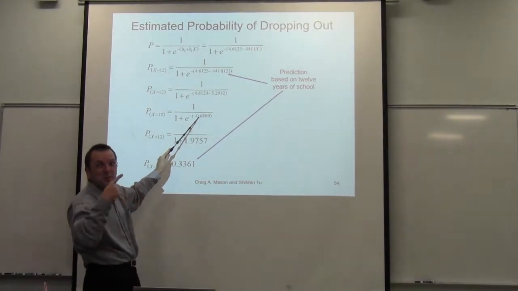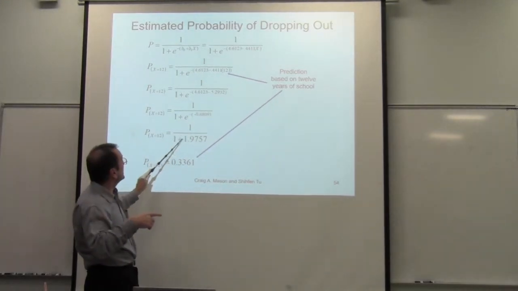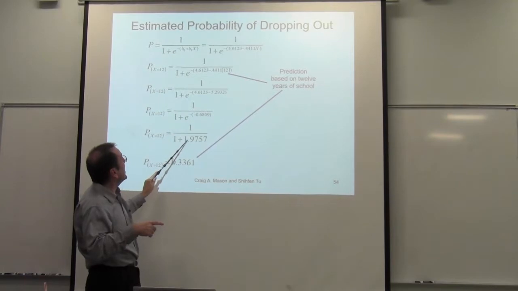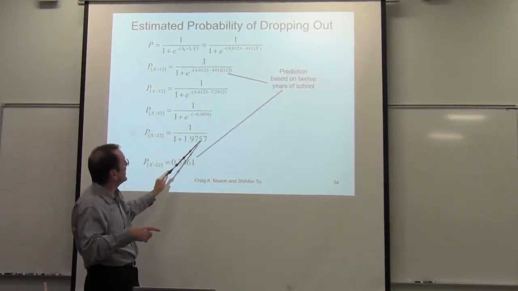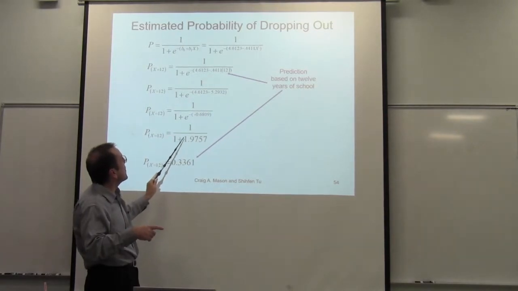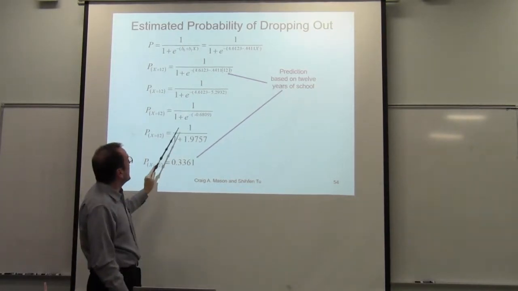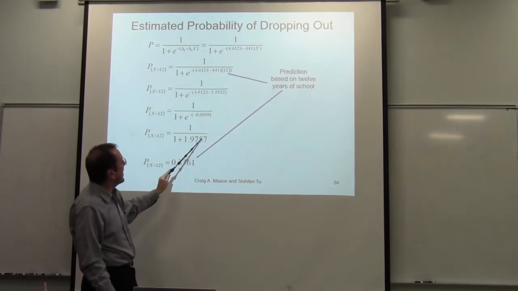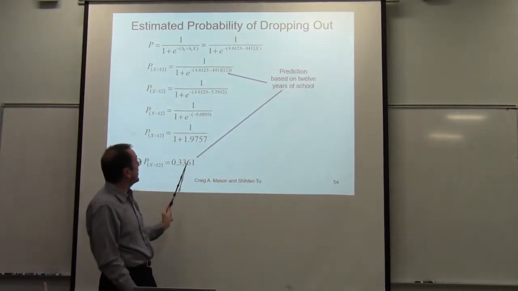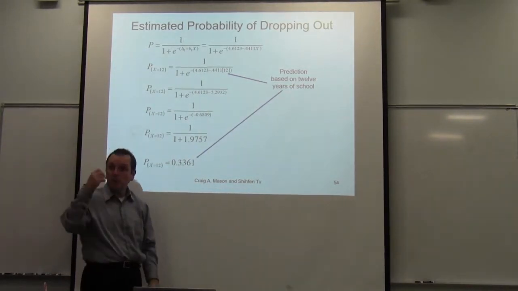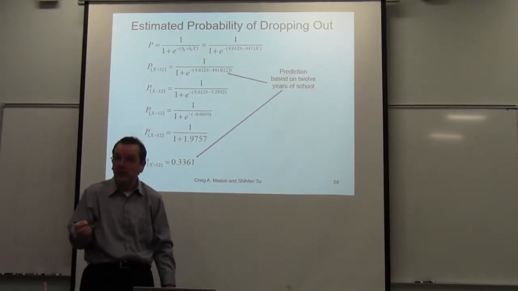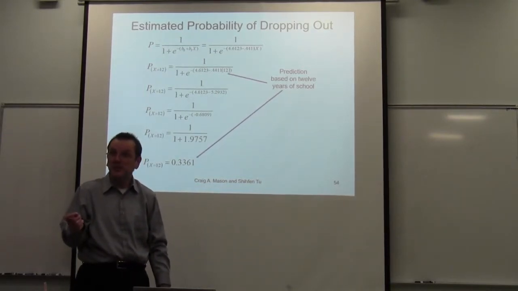Keep track of those double negatives, which is 1 over 1 plus 1.979, or 1 over 1 plus 1.9757, or 0.3361 is the probability with 12 years of schooling. It is a tough school, tough community.